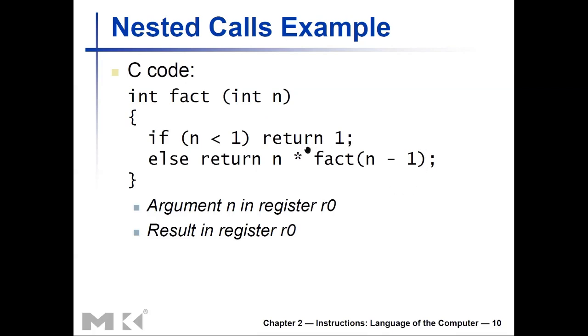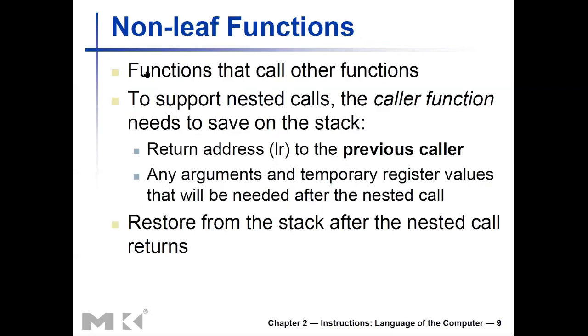Now you will have to make use of all the concepts that we discussed in the previous slide, because the second point says any arguments and temporary register values that will be needed after the nested call, you have to preserve them in the stack.